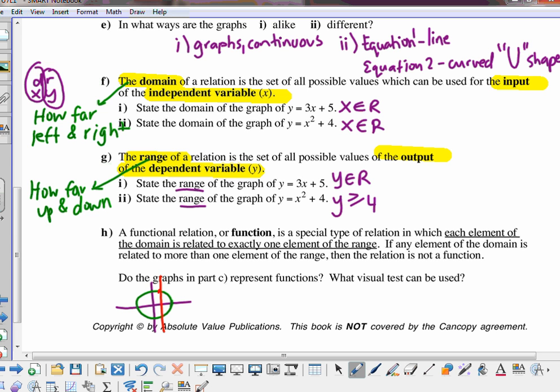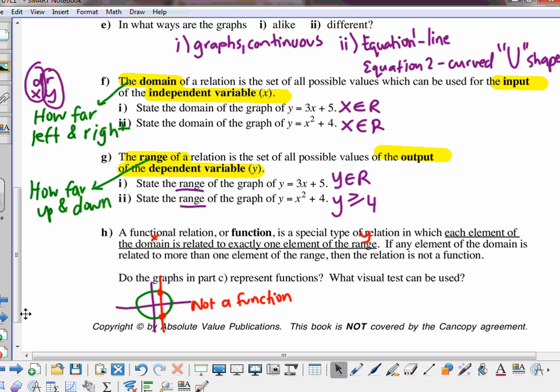If it ever crossed more than once, it was not a function. Because in a function, each x has only one y. So each element of the domain, your x, has only one element in the range, only one y. That's the definition of a function, just to review.